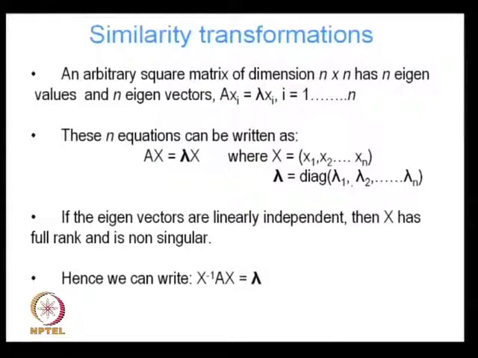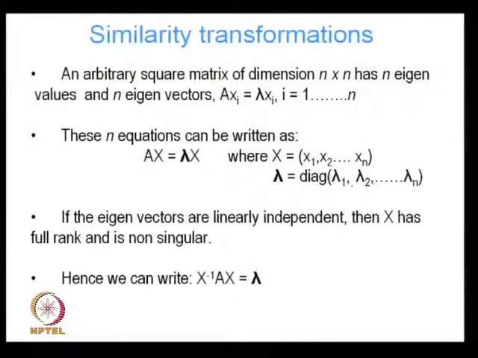Each eigenvector occupies a column of the capital matrix X. So x1, x2 through xn are individual eigenvectors, combined together to form the big matrix X, and lambda is another matrix which is a diagonal matrix, whose diagonal elements are the individual eigenvalues lambda 1, lambda 2 through lambda n, corresponding to the eigenvectors x1, x2 through xn.